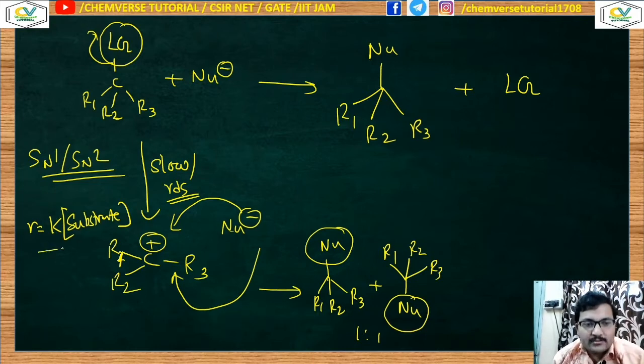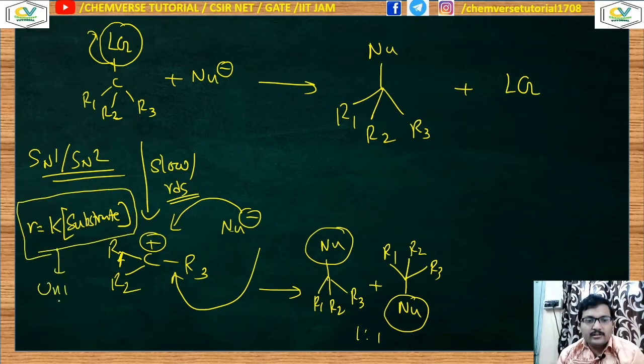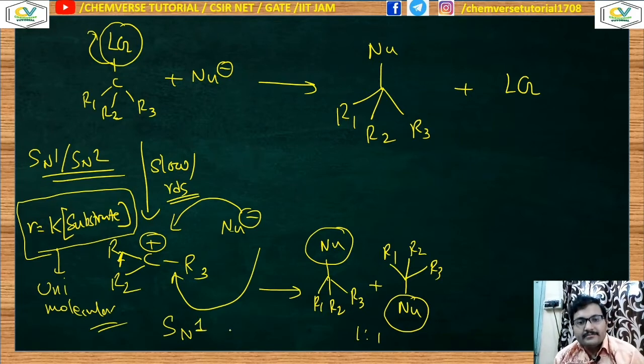As a result of that I can say that it is solely dependent on the substrate. So it's a unimolecular process. So I can term this substitution nucleophilic reaction as your SN1. Over here 1 stands for your molecularity. So this is one possibility, and this is called the SN1 reaction mechanism.